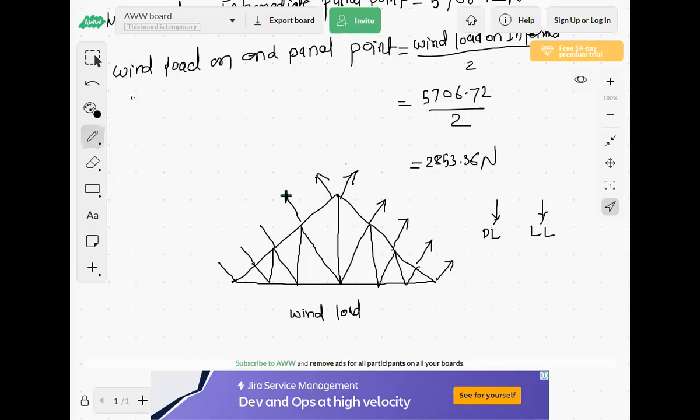Please, everyone be aware of this. Due to the combination of internal and external wind pressure, our total wind force is coming negative, and these are uplift pressures.